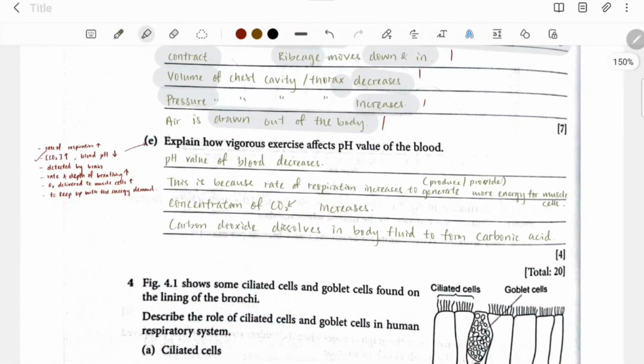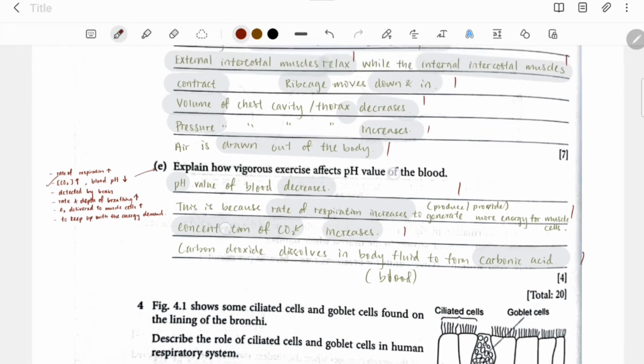First mark, pH decreases. Second mark, because rate of respiration increases. And then this makes the concentration of CO2 increase. And then after that, the carbon dioxide dissolves in the body fluid, meaning the blood, to form carbonic acid, which is the keyword for the 4th point. So first mark, second mark, third mark, and 4th mark.